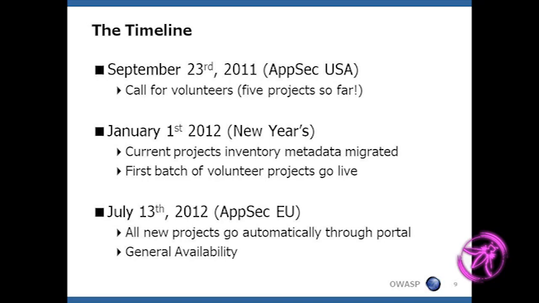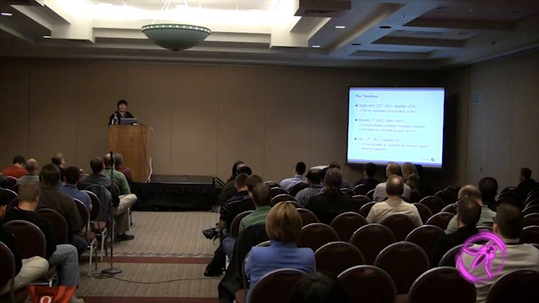We'll have the first projects that have volunteered today on that portal, and by next year, I'm going to assert that all new projects will be available on the project portal, and anybody will be able to search on those things. So this is the map of what I hope will become a far easier way for you to find the projects you're looking for.